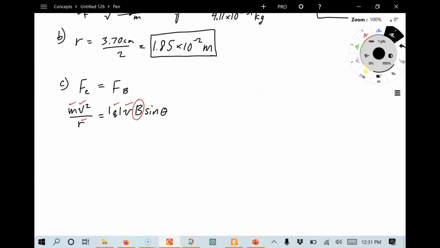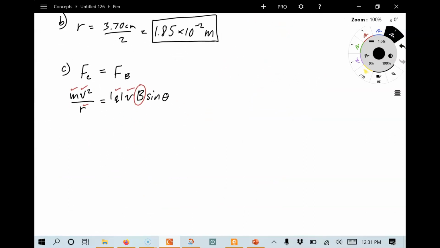So to simplify this equation a little bit, we're going to go ahead and divide by V on both sides. So we'll cancel out this V and one of those, and we're going to put 90 degrees in here so that this whole thing is equal to 1. And we're going to come up with an equation that tells us how charges will move in circles for the special circumstance where the velocity and the magnetic field vectors are perpendicular, or 90 degrees, to one another.